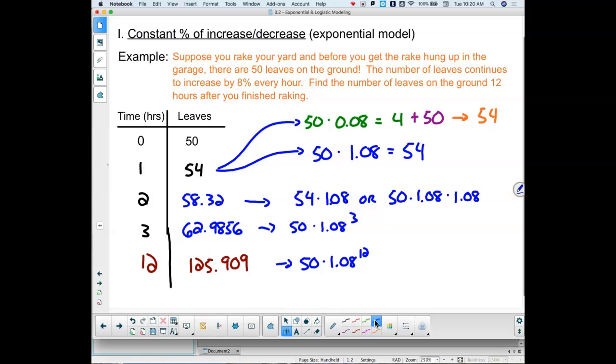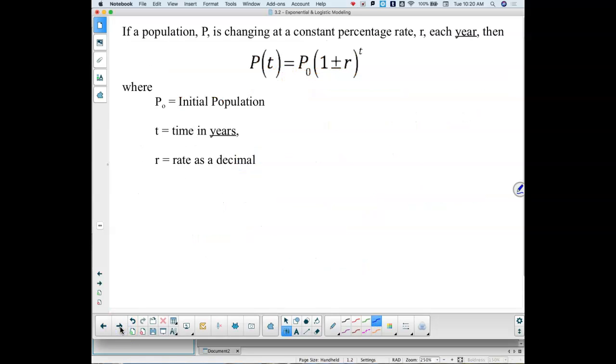Okay? So what we're doing is we're using a population type model. Now this is basic because it's not continuous. This is only changing once every time frame. So P of t is equal to P sub 0, where P sub 0 is your initial amount, starting value, however you want to call it, times 1 plus or minus r.